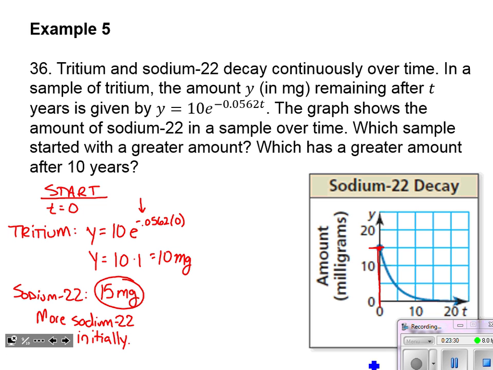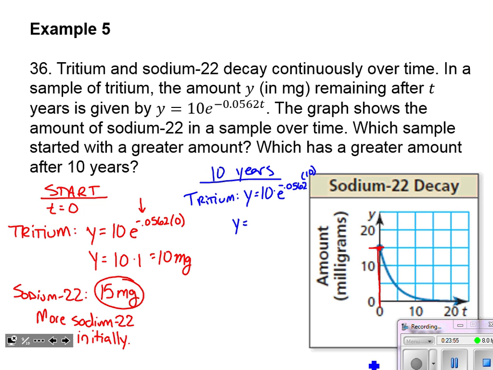Right. Now, after 10 years, for my tritium, I'm going to plug in a t value of 10. So I've got 10 times e to the negative 0.0562 times 10, and see what I get for an output.